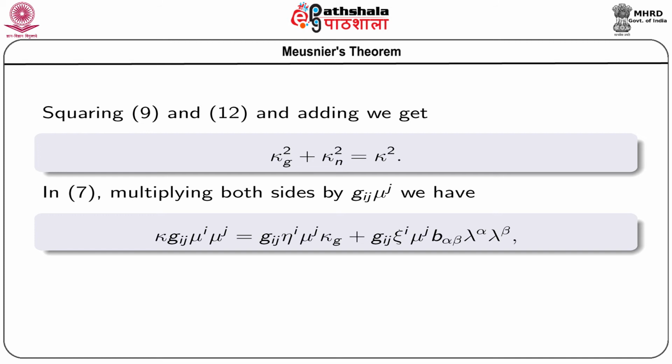Now, since g I j mu I mu j equals to 1 and g I j eta I mu j equals to sin theta and g I j xi I mu j equals to cos theta and b alpha beta lambda beta is denoted by kappa n.